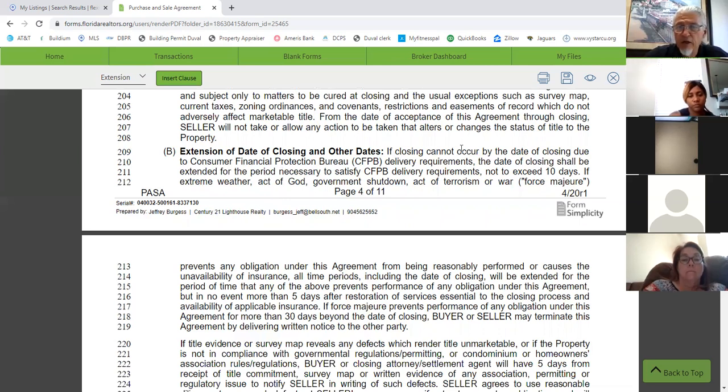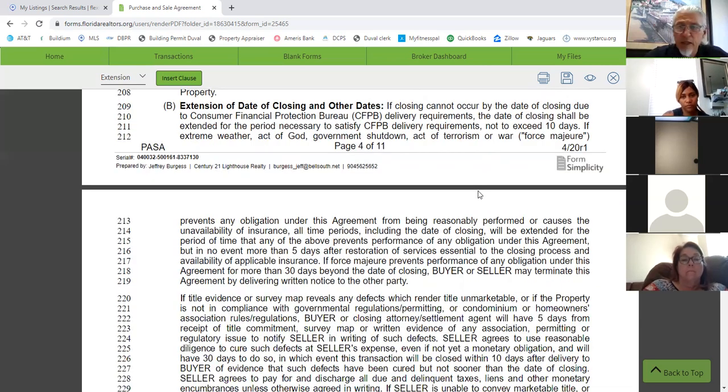If closing does not occur by the date of closing, according to CFPB delivered requirements, and this is what I was just telling you, the date of closing will be extended by a period necessary for the not to exceed 10 days. If it's extreme weather, act of God, government shutdown, COVID, hurricane, okay.